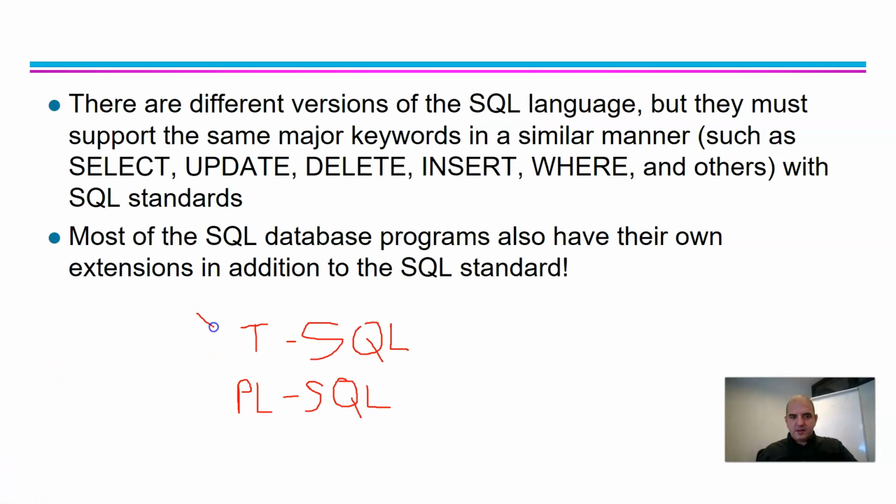Transact SQL is for Microsoft SQL Server, and PLSQL is for Oracle database. When you look at a job opening, you can see these terms. What they mean is that you can use the basic SQL in Microsoft SQL Server or Oracle, but they have their own functions and their own additional commands for their databases. So they have another version of SQL.